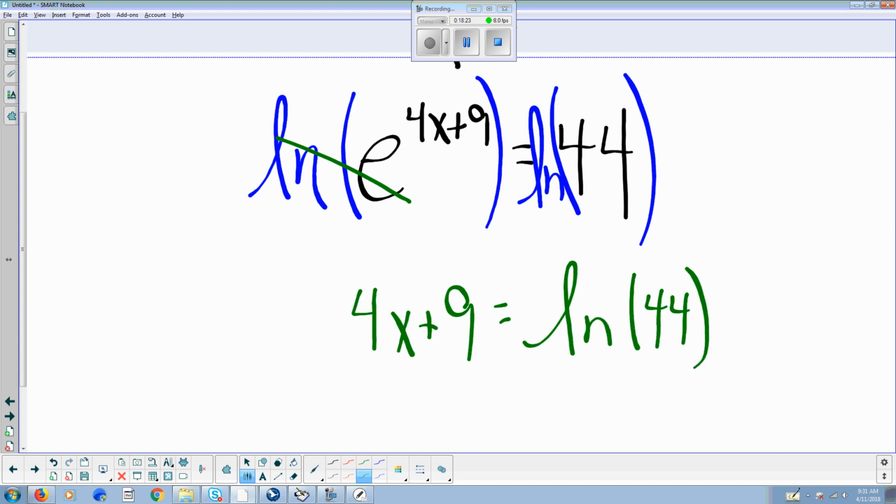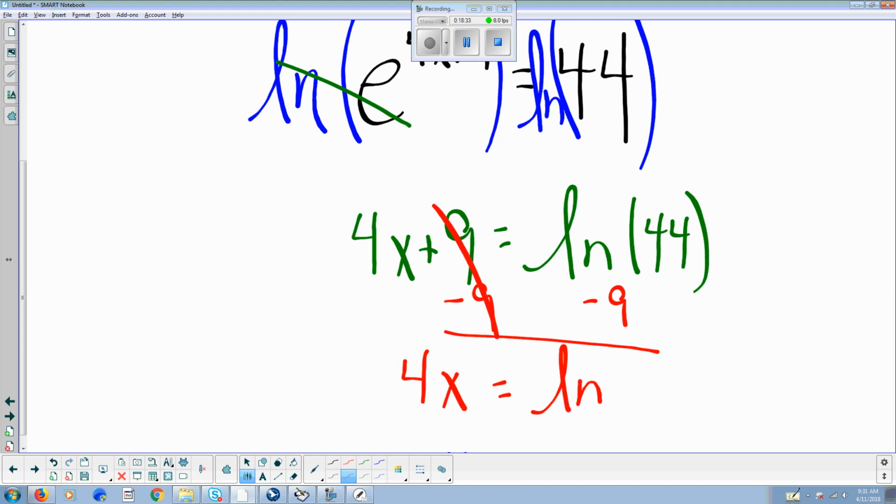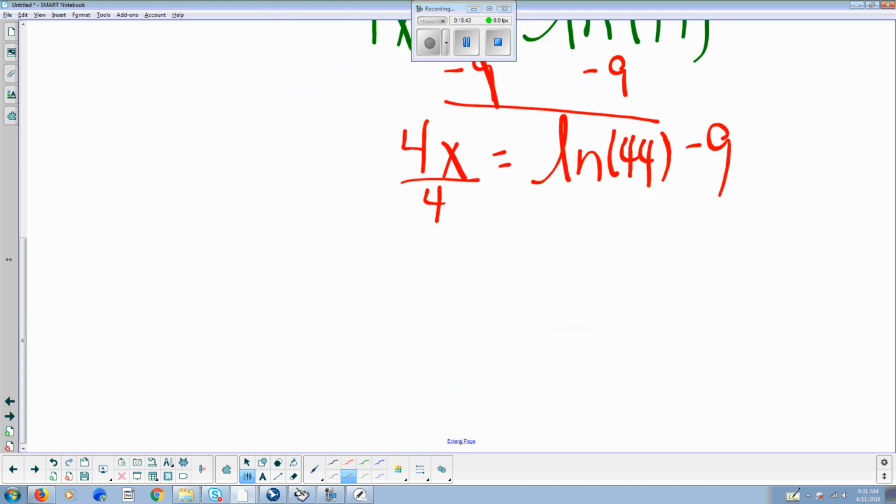I'm trying to isolate x. What do we do? Subtract 9 on both sides. So that gives me 4x equals the ln of 44 minus 9. Then we divide by 4. And this is going to be my exact answer, because remember, it asks for the answer 2 ways: exact and approximated.